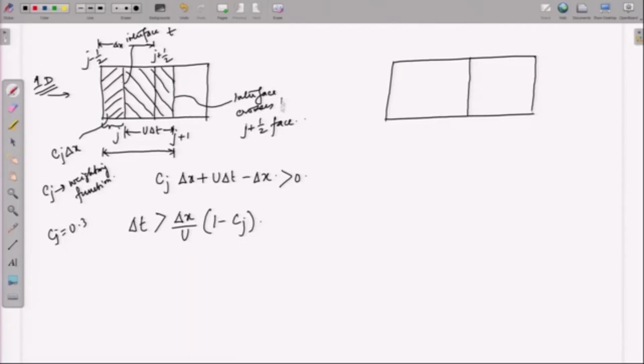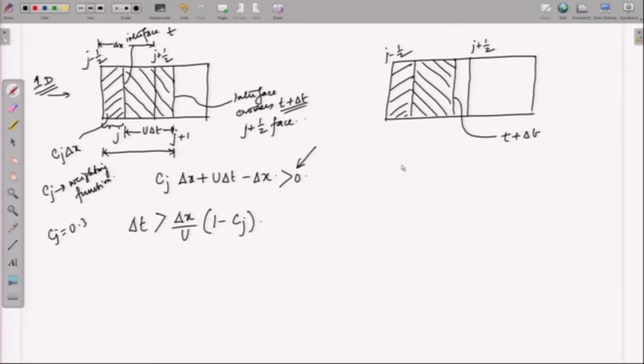So, this is the interface location at t plus delta t under this condition, and let us say we have another situation where the u is such that the interface does not cross that cell at all. So, this is the j plus half, this is the j minus half, and the interface stands here at t plus delta t.